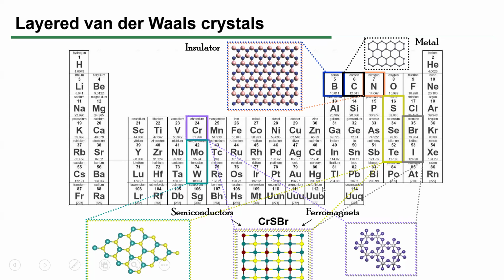And now we have many new materials that people study, like magnetic materials with chromium. We did some work also on the chromium sulfur bromide, CrSBr material. But today I will talk only about TMD systems and heterostructures based on TMD.